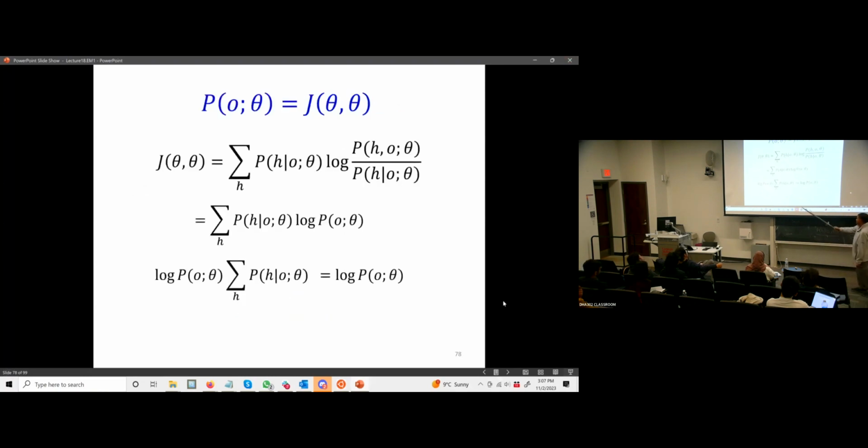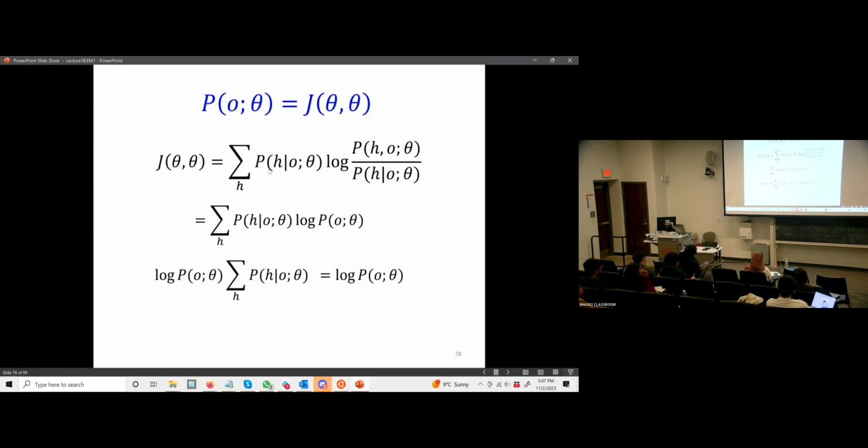Here's what it is. J of theta, theta, I've written summation over H, P of H given O times log of P of H comma O divided by P of H given O. What is P of H comma O divided by P of H given O? That's just going to be P of O, Bayes' rule, right?